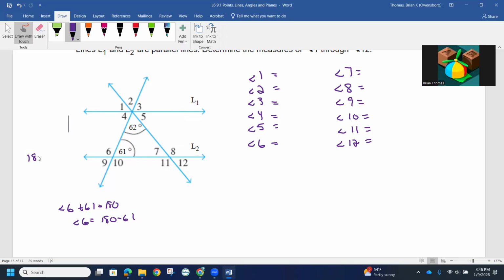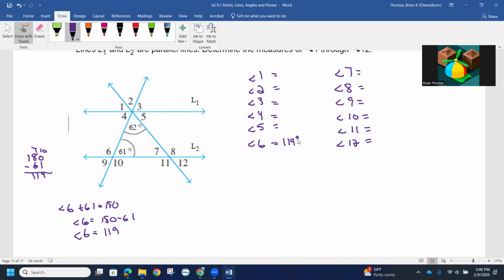I didn't have my calculator with me. So 180 minus 61, got to borrow 10, so 9, 1, 119. So angle 6 is 119. That's the first thing that jumped out to me. Angle 6 is 119 degrees.